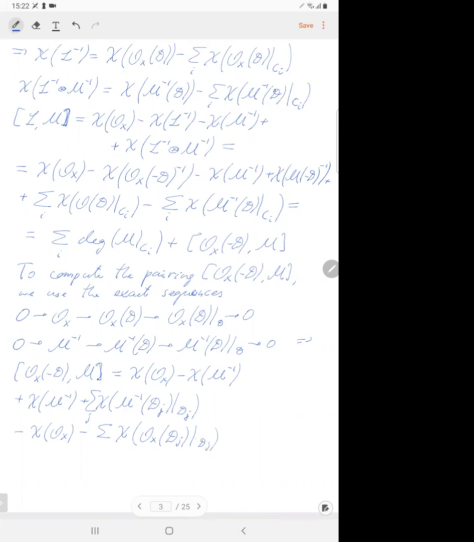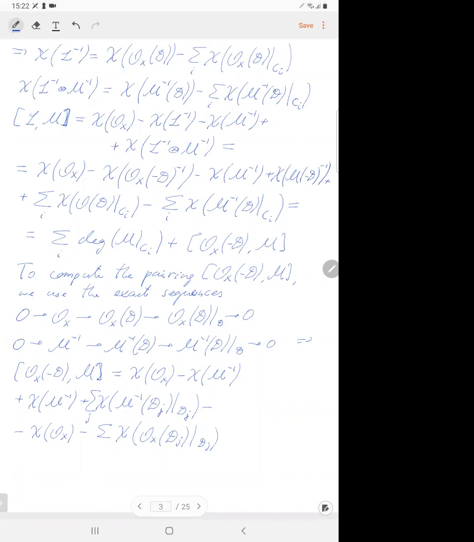Where did the Euler characteristic of OX of minus D go? We still need to subtract it. So that's what we do. The Euler characteristic of OX of D, this last line, with the two differences in the last line, they come from the first exact sequence.